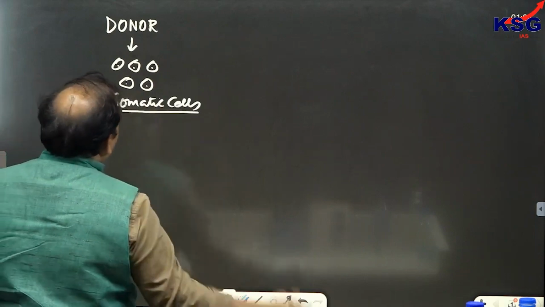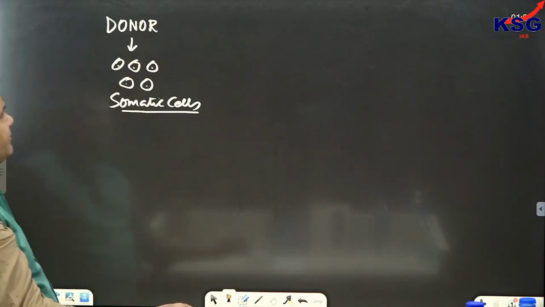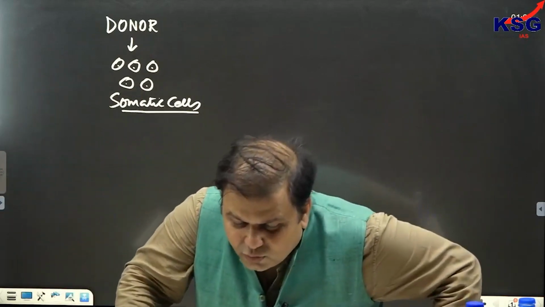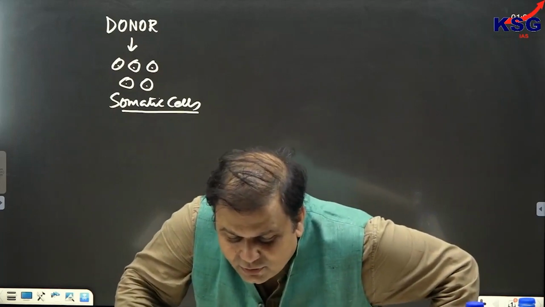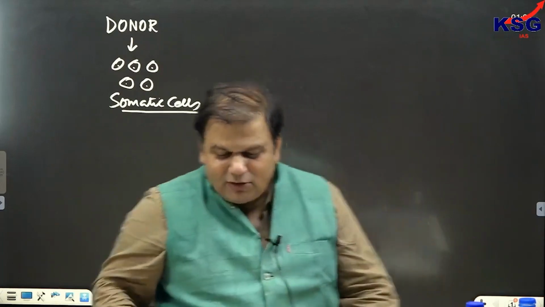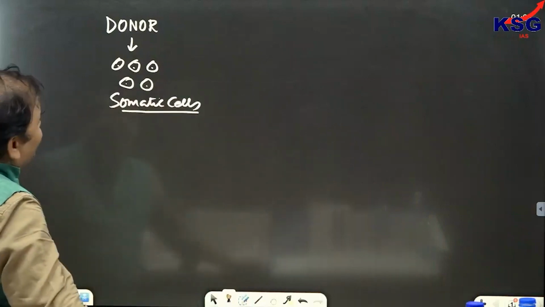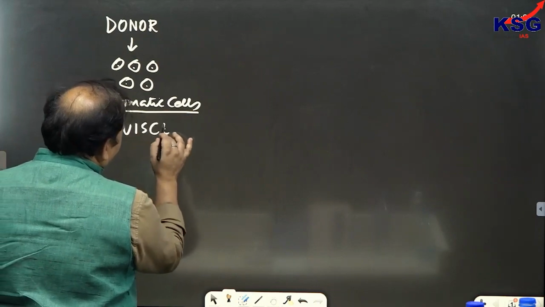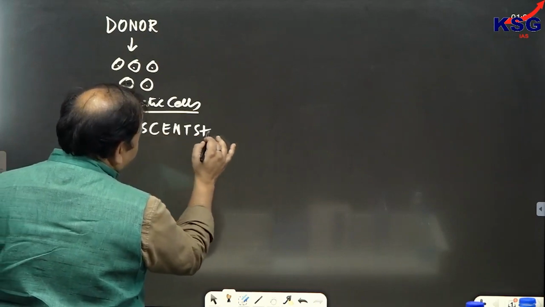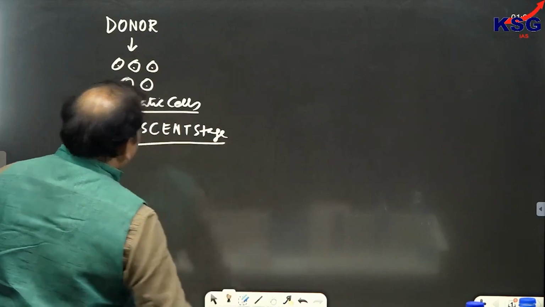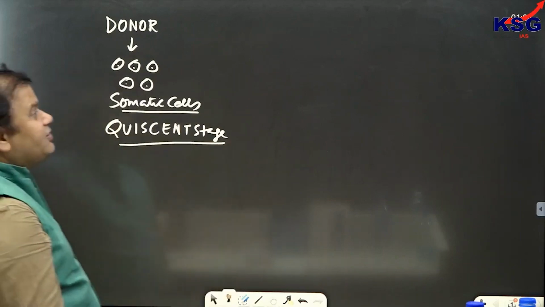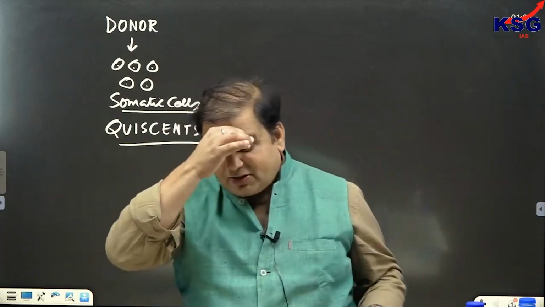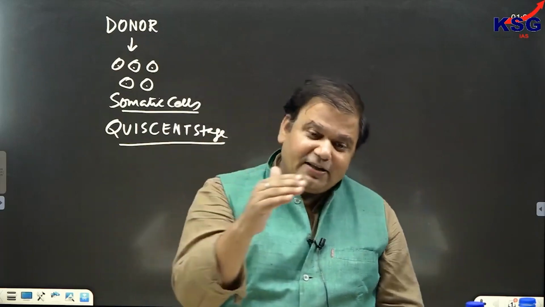Once we extract the somatic cells, we put these cells in a quiescent stage. Quiescent stage means where the cell division stops. And we give them chemicals so that they revert back in their life cycle.